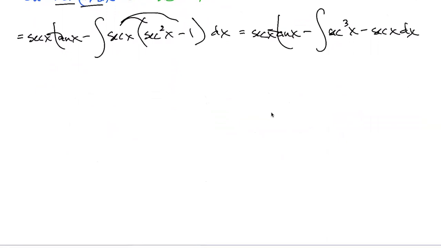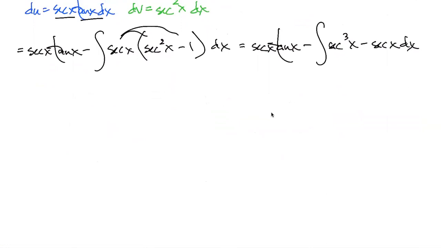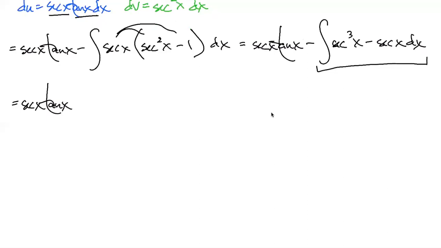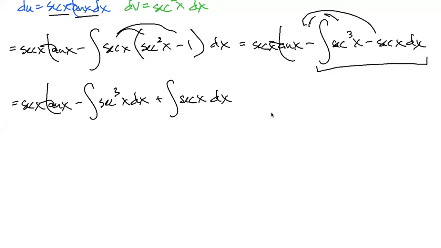Now, I will take the time to split this into 2 different integrals. These 2 right here, I could split into the integral of secant cubed and the integral of secant. Okay. And that second one became a plus because this minus sign I have to distribute to that minus sign there. Okay.